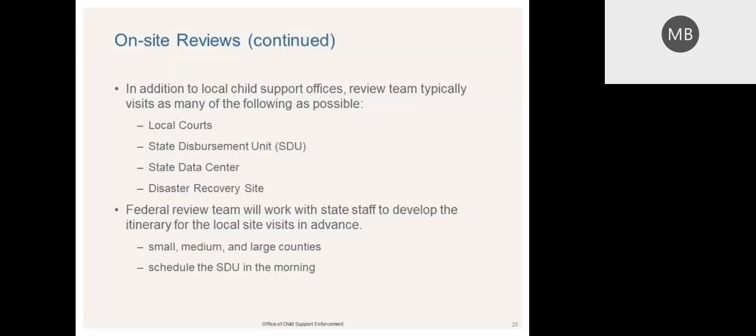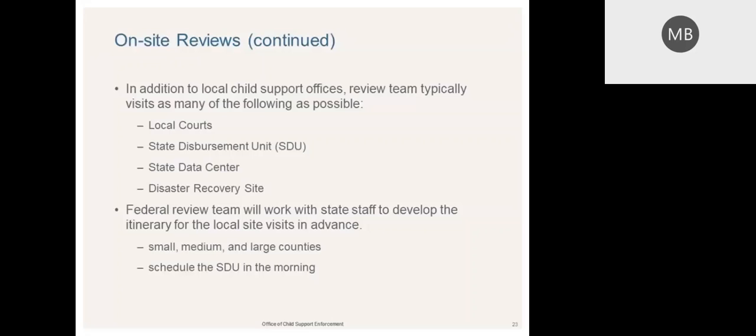And when available, OCSE will visit the SDU, data center, and the disaster recovery site. We are aware of outsourcing services such as the SDU, data, and disaster recovery centers that are not within driving distance. The federal review team will work with the state to develop an itinerary for the local site visits in advance of arrival as part of the Level 2 agenda.